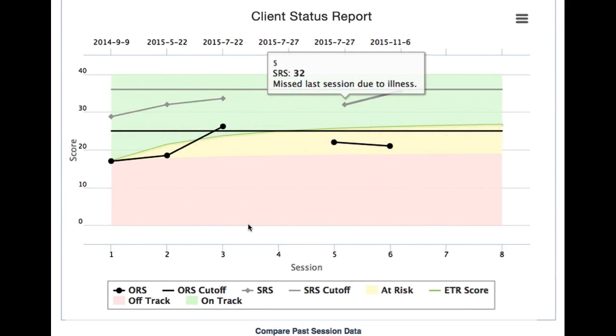So they might start, like this particular graph does, at about an 18, and improve to a 35, let's say, in the second visit. The question is, is that predictive of success? Yes, much better predictive of success than had they gone in the opposite direction by the same amount.